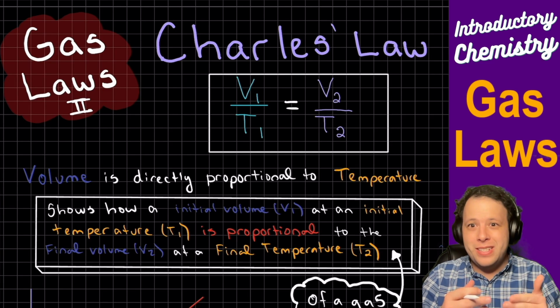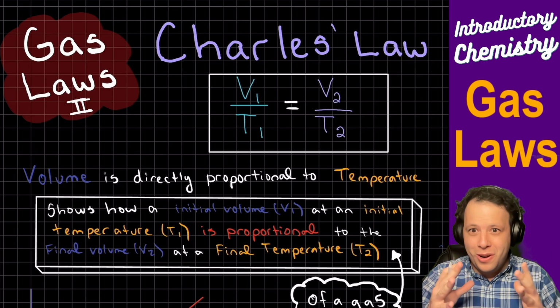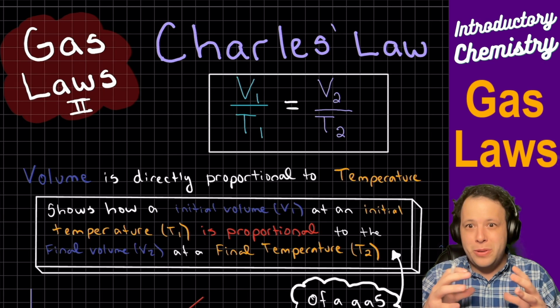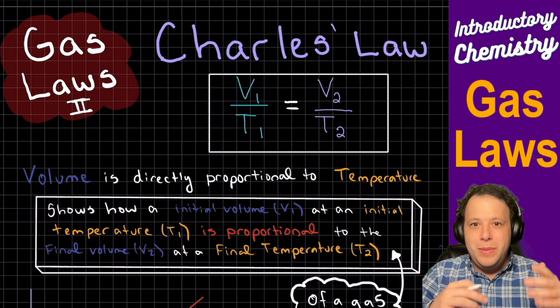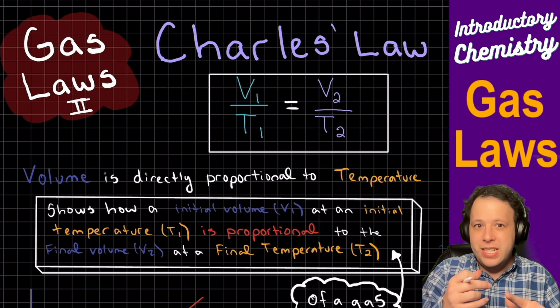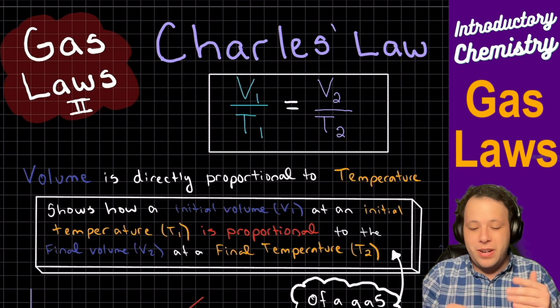Those particles are going to be pushing and banging against all the walls of whatever their container is. If it's something that's flexible, it's going to grow as a result. So they're proportional, meaning you'll see a proportional change in your final temperature and final volume.